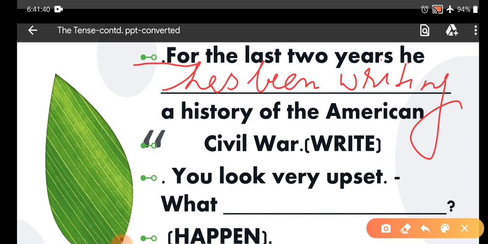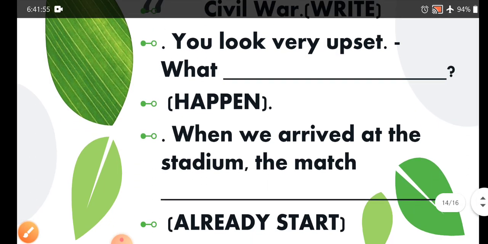Next, you look very upset. This is simple. What happened? This sentence also you come across in your day-to-day life. Your teachers so many times ask you, what happened to you? You look unwell. You look sad.